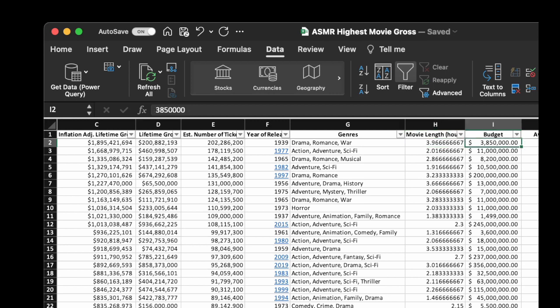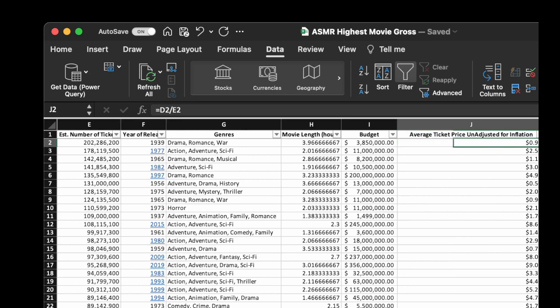The budget for the film, probably like in 1938. And you have the average ticket price unadjusted for inflation.